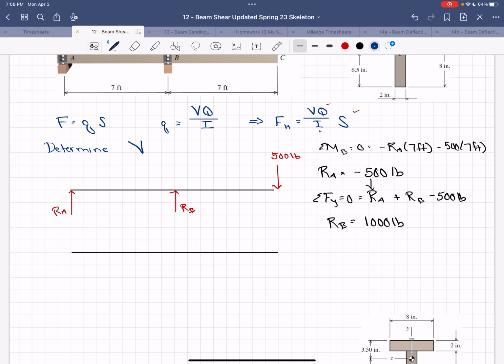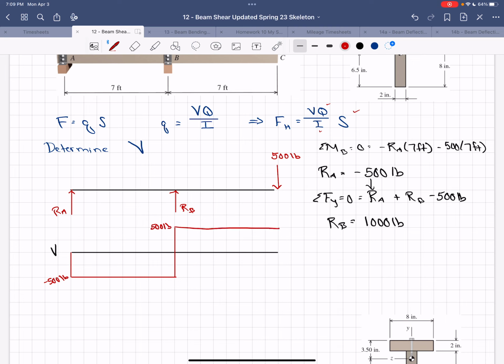So our shear diagram is going to go, oops, sorry, wrong way. It goes down 500. RA jumps down 500. Then nothing happens until we get to RB. Then it jumps up by 1,000, so we end up at a positive 500 pounds.